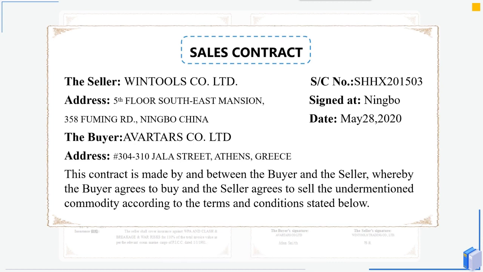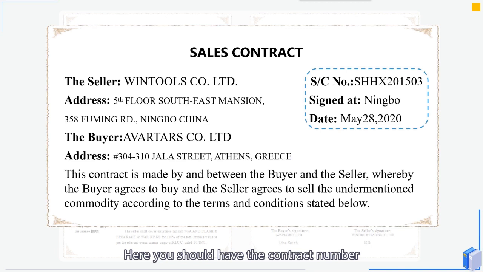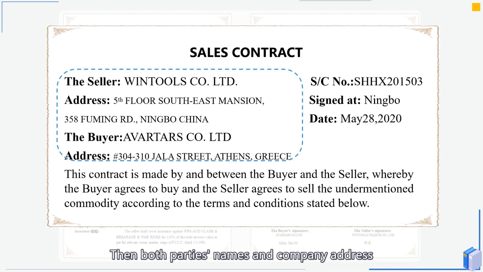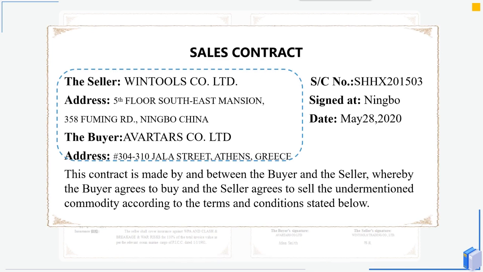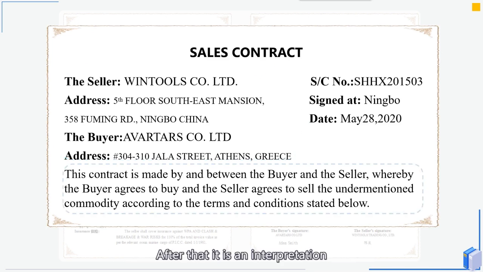Interpretation clauses. Look at the sample. Here you should have the contract number, the day, and the place you sign. Then both parties' names and company addresses. After that, there is an interpretation.